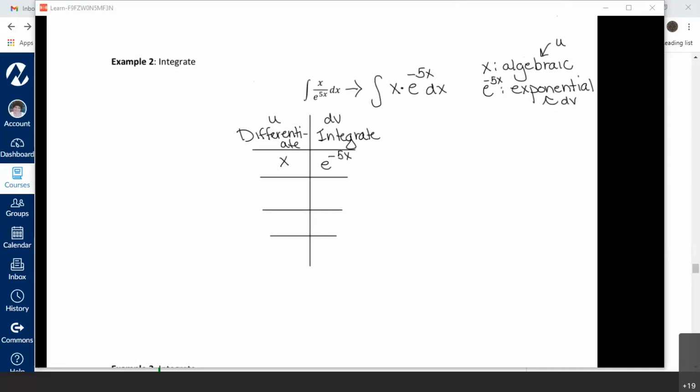If I differentiate x to the first, I'm going to get a 1. Where did the 1 come from? Well, it's x to the first, so bring down the 1 and drop the exponent by 1. That gives you 1 times x to the 0. X to the 0 is 1, so you have 1 times 1. And 1 is a constant, so when I differentiate it a second time, I get a 0. This is my stopping condition.